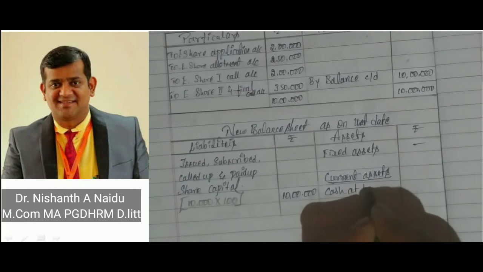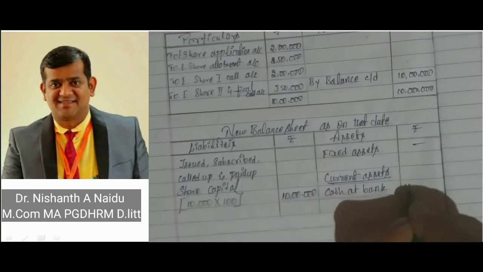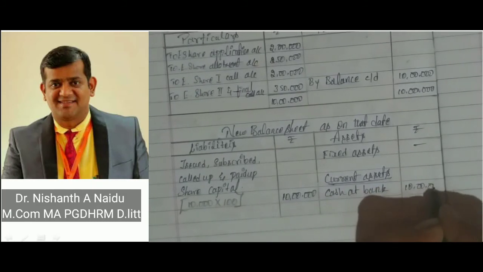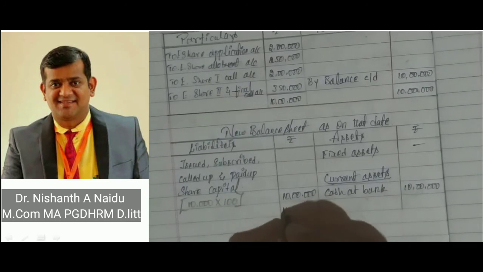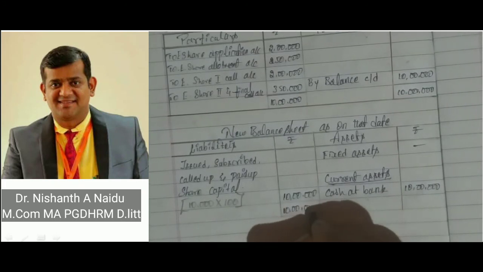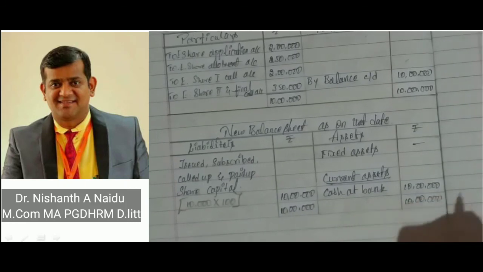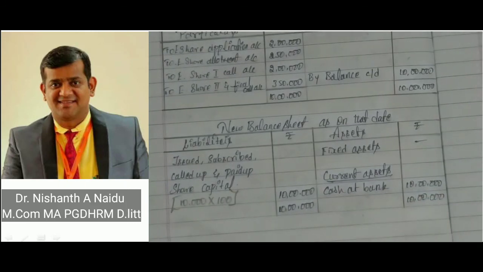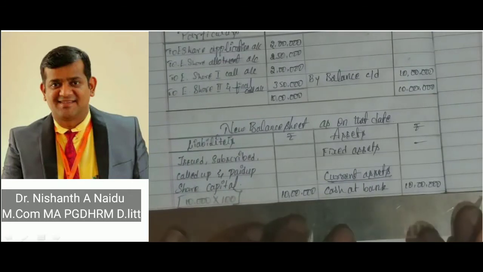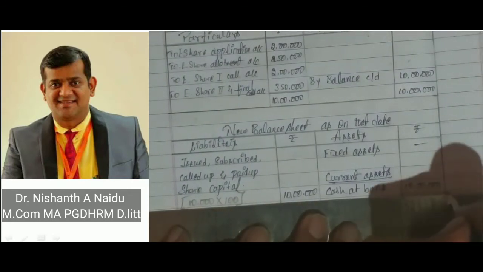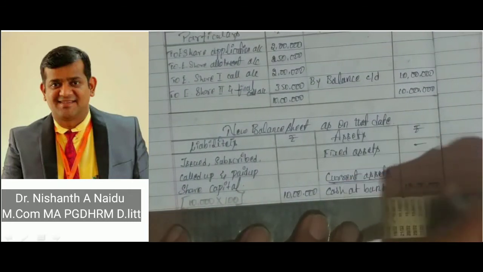Cash at bank. How much? 10 lakh rupees. So, both the side, total 10 lakh, 10 lakh, and your problem got tallied. So your answer is absolutely correct.